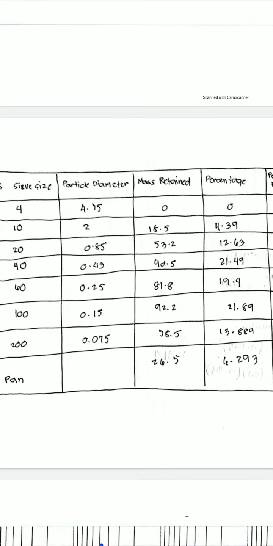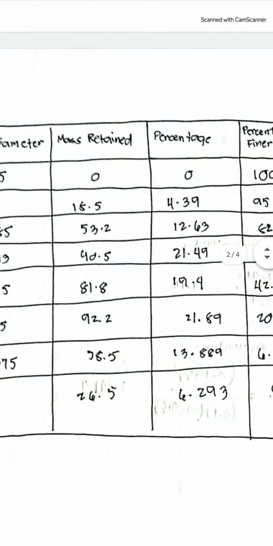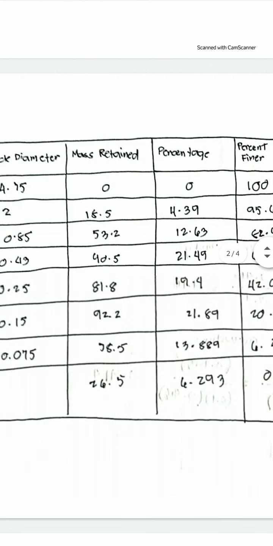At 10 it is 18.5 divided by the total mass of the soil, which is equal to 4.39.